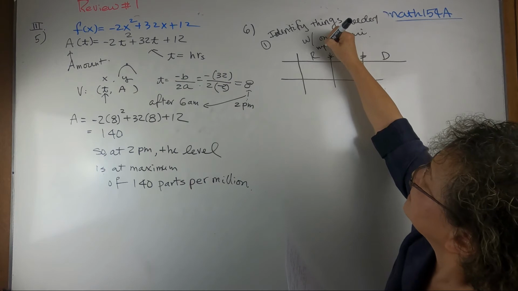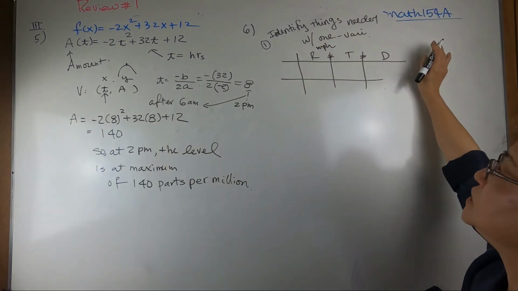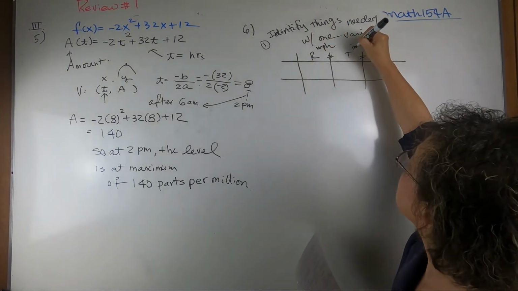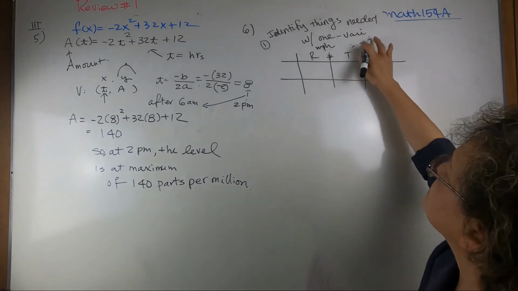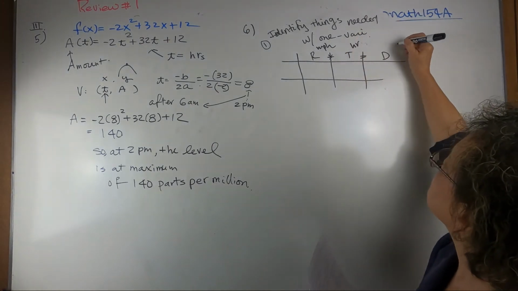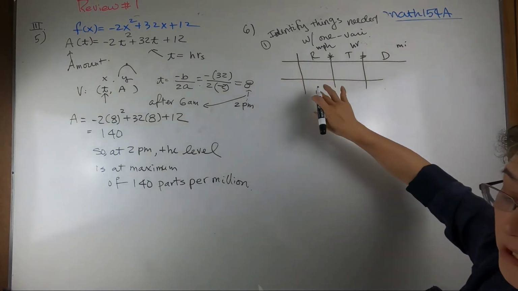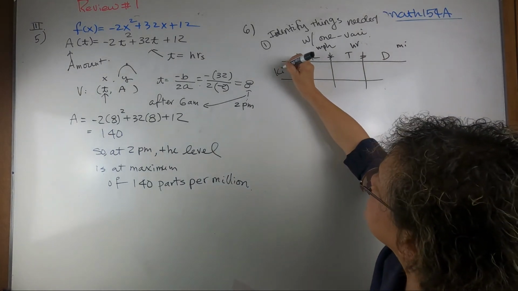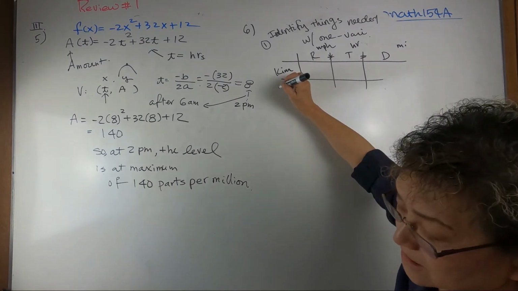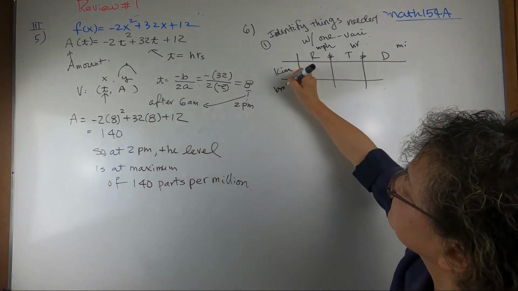R is what? Miles per hour. Put all the calculation on the top. Then time is by the hour, distance is by the miles. Then for different situations, you list them on the bottom: Kim and his brother, right?